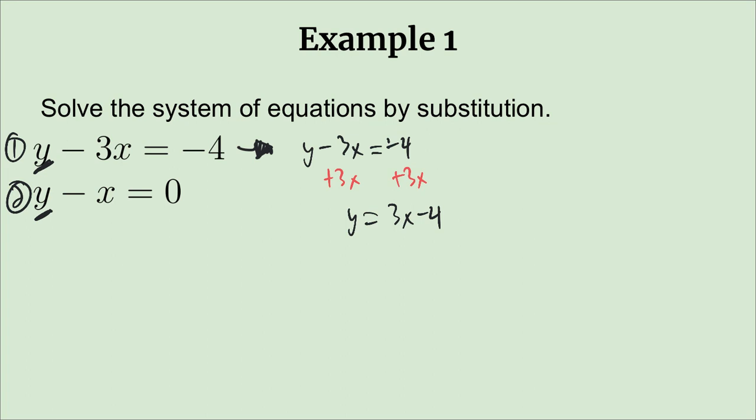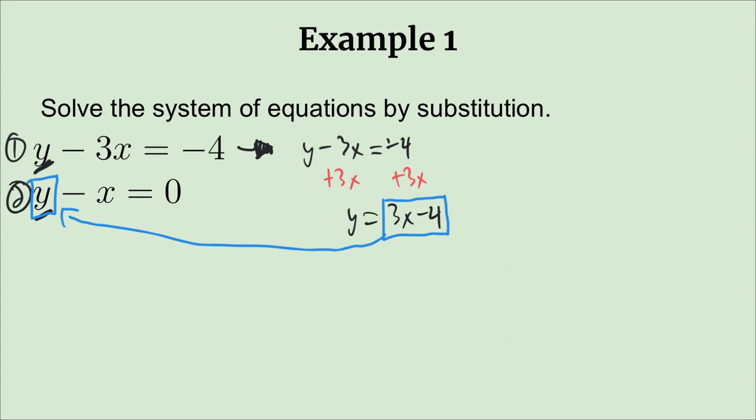If the first y equals 4, then the second y equals 4. If the first x equals 15 million, the second x equals 15 million. How that helps us is this y over here equals 3x minus 4, which means this y also equals 3x minus 4. So we're going to substitute that in for that y. We're going to plug it in for y, and then we can solve for x.